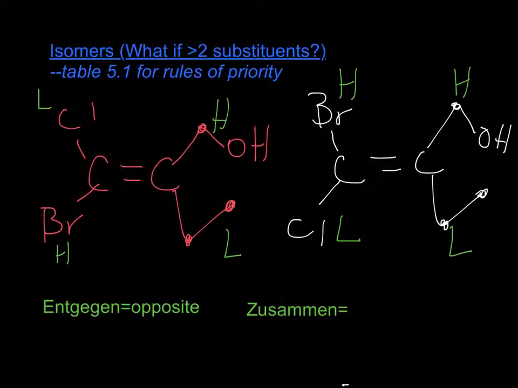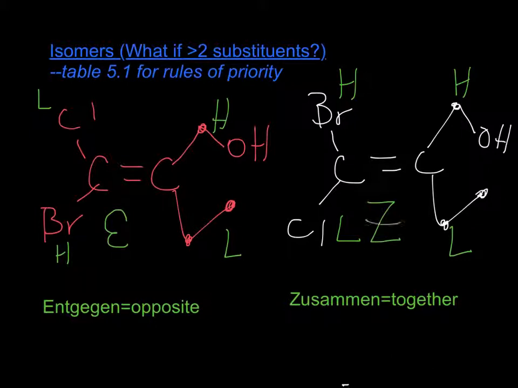And Zusammen stands for together. Okay, so that's why there's this called the E and Z. And so this one right here is the E configuration. This one is Z. Actually, this one you possibly could name, but I wouldn't ask you to name this one at this point.